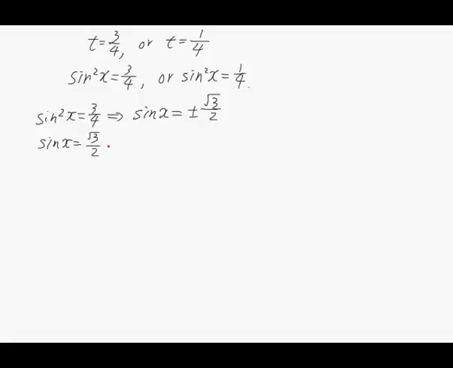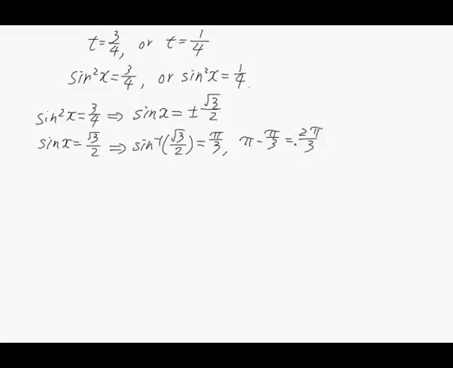From here we first find the inverse sine of root 3 over 2, and we know this is pi/3, right? And then you use pi minus this pi/3 to find another special solution between 0 and 2 pi. So you have pi minus pi over 3, then you have 2 pi over 3.